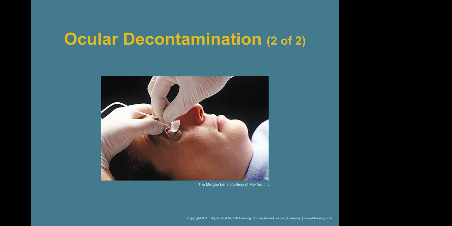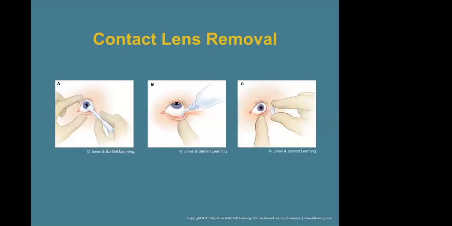It's hollow tubing, and then it gets put on just like a contact lens would. Yes, please make sure you remove any contact lenses if a patient has an ocular exposure, because those substances in the contact lens can actually break down and cause more damage or adhere to the eye.